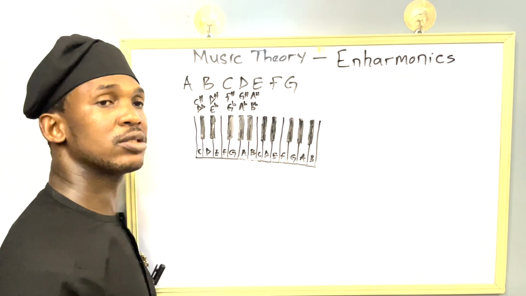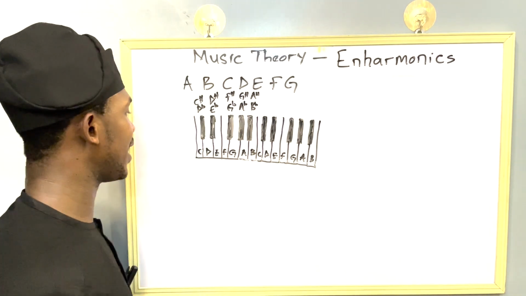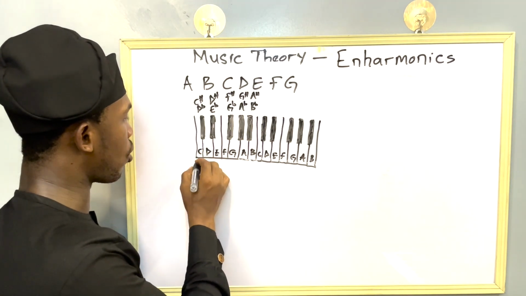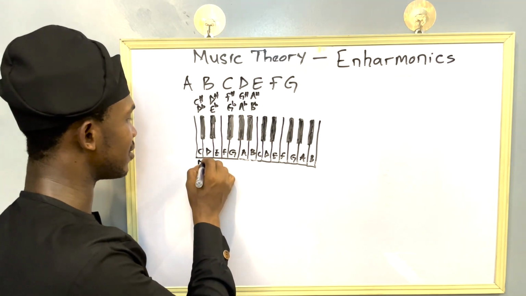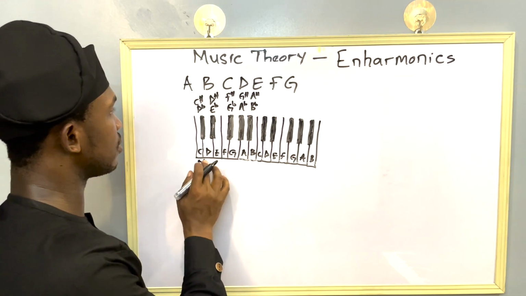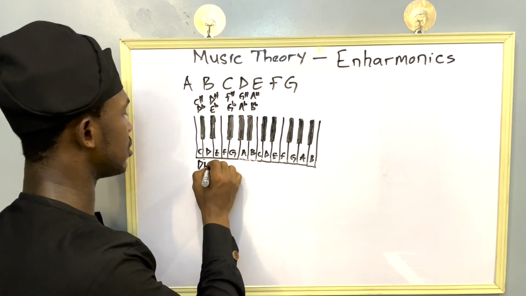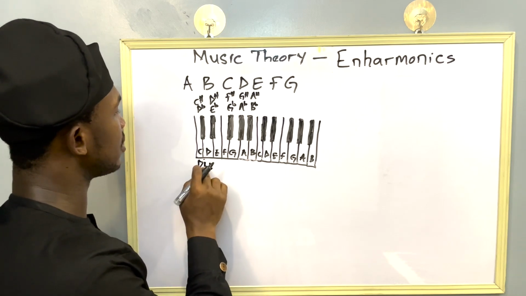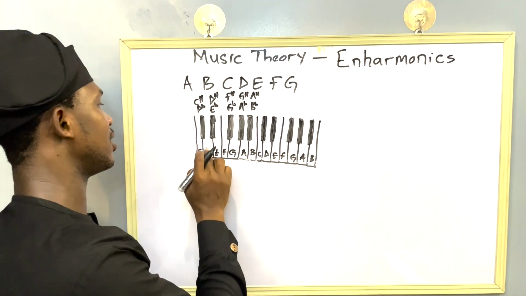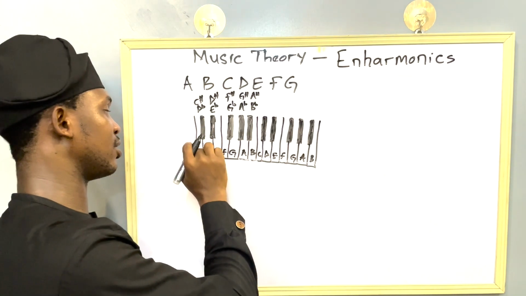One good thing you can say again is that this particular note called C can be called D double flat, which means you lower D twice, from D flat to D double flat.